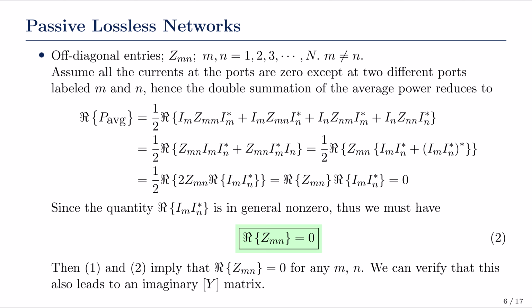Because the network is reciprocal, these two impedance parameters are equal. The resulting expression shows that the real part of Z sub mn must also vanish. Consequently, for a reciprocal lossless network, both the diagonal and off-diagonal elements have zero real parts. The entire impedance matrix is therefore purely imaginary.